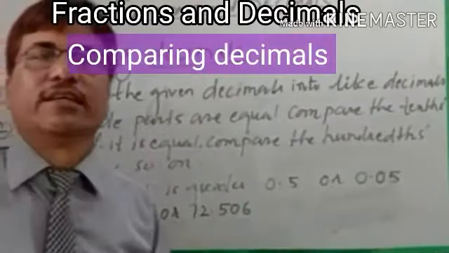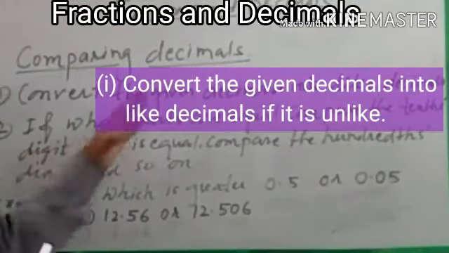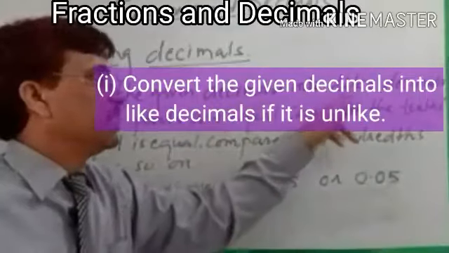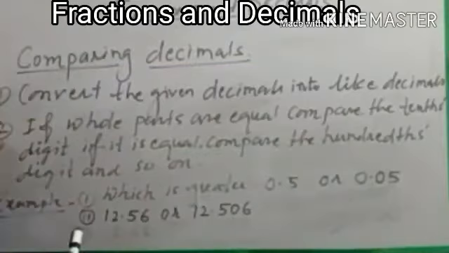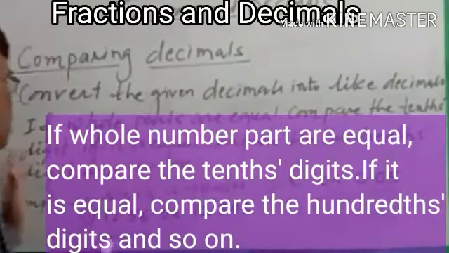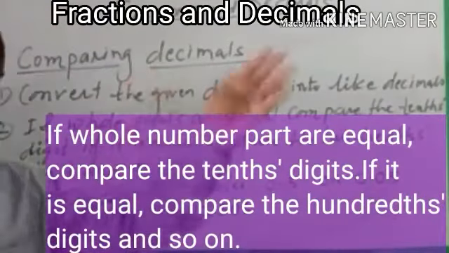How to compare decimals? Students, you have to learn two methods to compare decimals. First, convert the given decimals into like decimals if they are unlike. Second, if whole parts are equal, compare the tenths digit. If it is equal, compare the hundredths digit and so on.